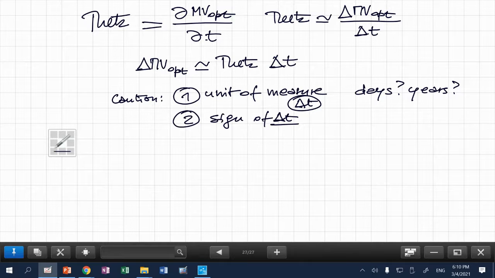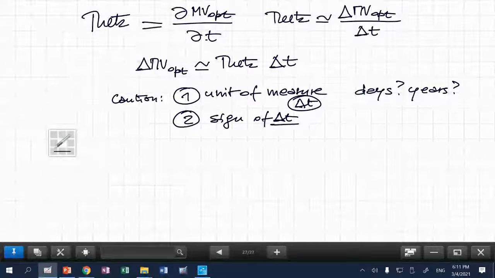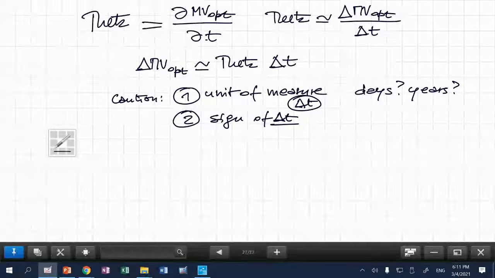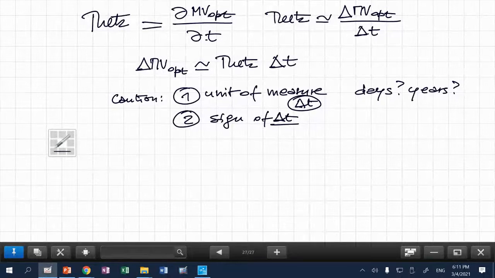Depends on how you reason, because you can have two possible ways of thinking. One is, say, tomorrow the universe is 1 day older, so it's a delta t of +1. The other alternative is that you can say, I have a 90-day option today that tomorrow is going to have 89 days of remaining time to maturity. If you consider the remaining time to maturity, moving from today to tomorrow is a delta t of -1, okay?